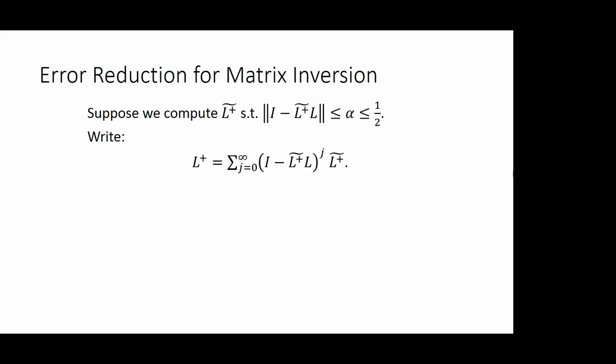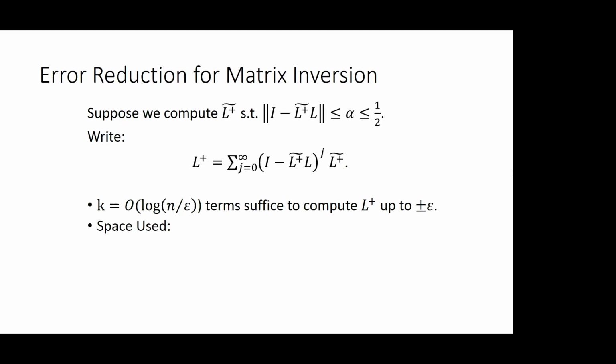So the terms in the sum for large values of j contribute a negligible amount. We only need to actually compute log n over epsilon of these terms, because after that they're contributing less than epsilon over n or so to the sum in total. And so ignoring them does not change the sum by very much entry-wise.